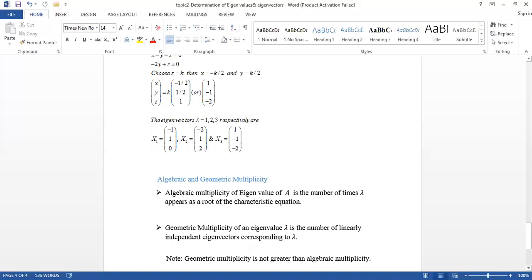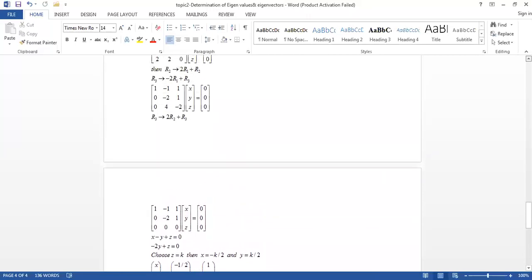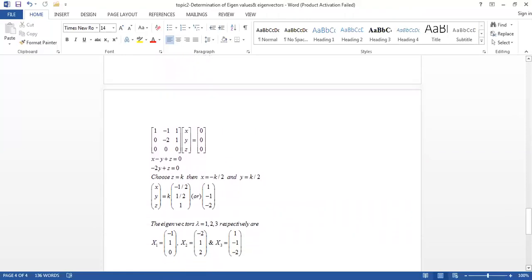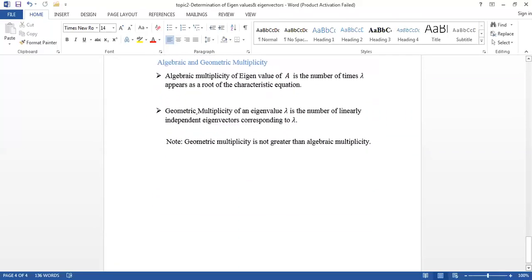In our previous example, the eigenvalues are 1, 2 and 3. The algebraic multiplicity of 1 is the number of times the eigenvalue repeats, so only one time. So the algebraic multiplicity of eigenvalue 1 is 1. The algebraic multiplicity of eigenvalue 2 is also 1, and of eigenvalue 3 is also 1.